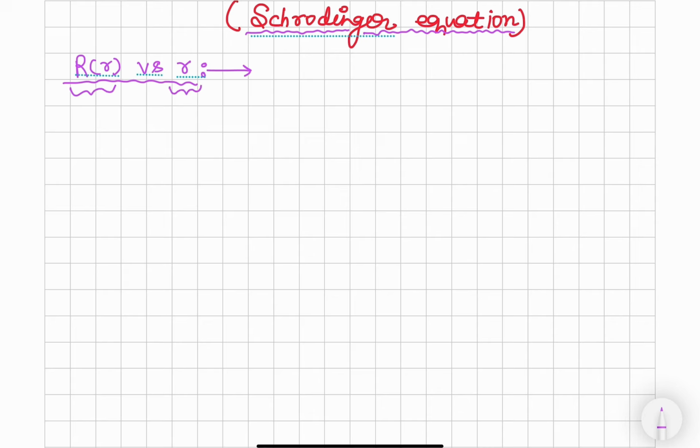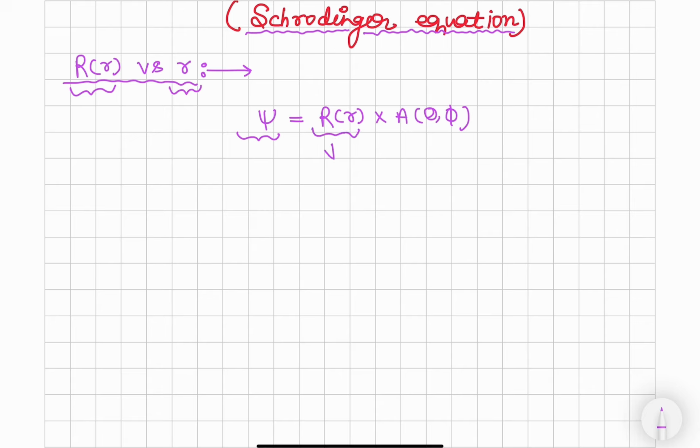The wave function psi of any electron can be written in terms of R(r) and Y(theta, phi). Now the question is, what is R(r) and what is Y(theta, phi)?